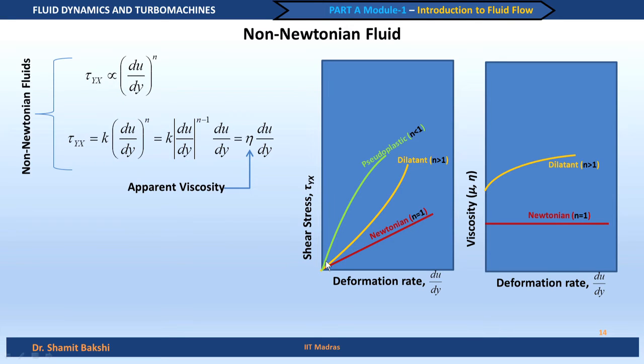If we draw a tangent to this curve, to this green line at different points, the angle of that tangent with the x axis will reduce. That means the slope of this curve as we go for higher deformation rate will become less. In terms of apparent viscosity, it means that the apparent viscosity will reduce.